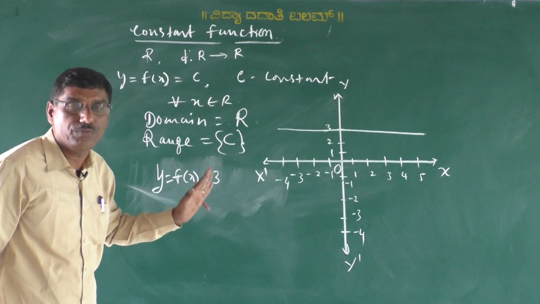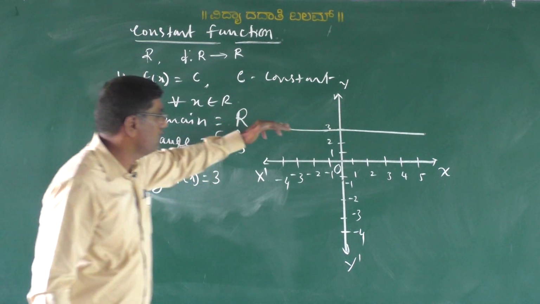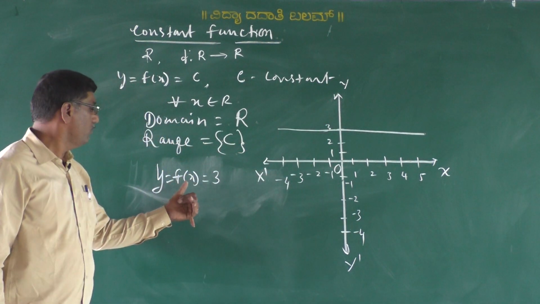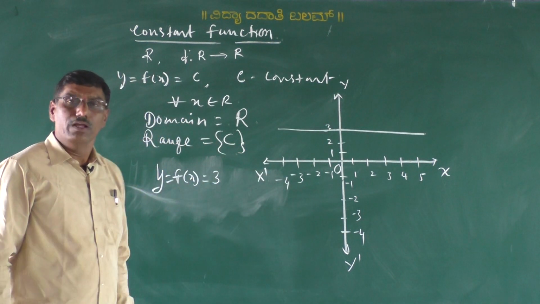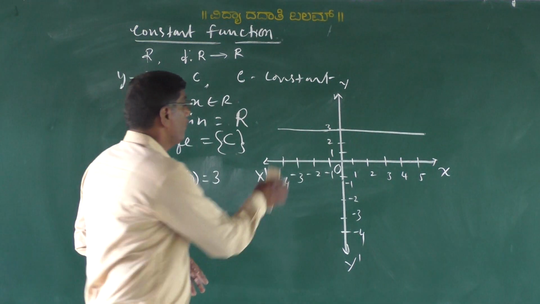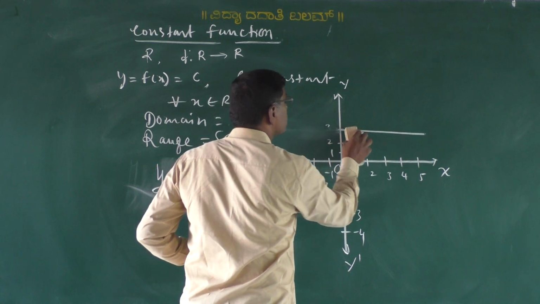Are you understood, all of you? Yes, that is the line which is parallel to the x axis. For example, f of x equals 3. Now we can draw the graph.